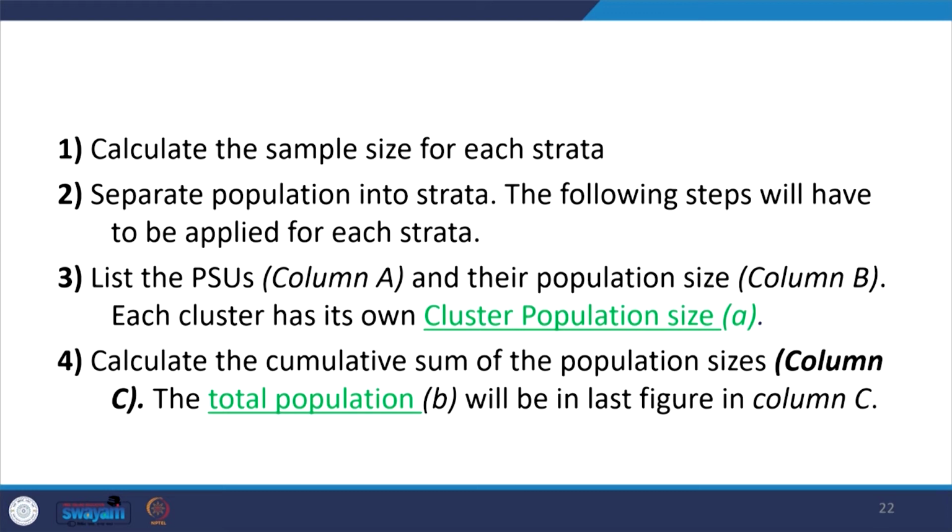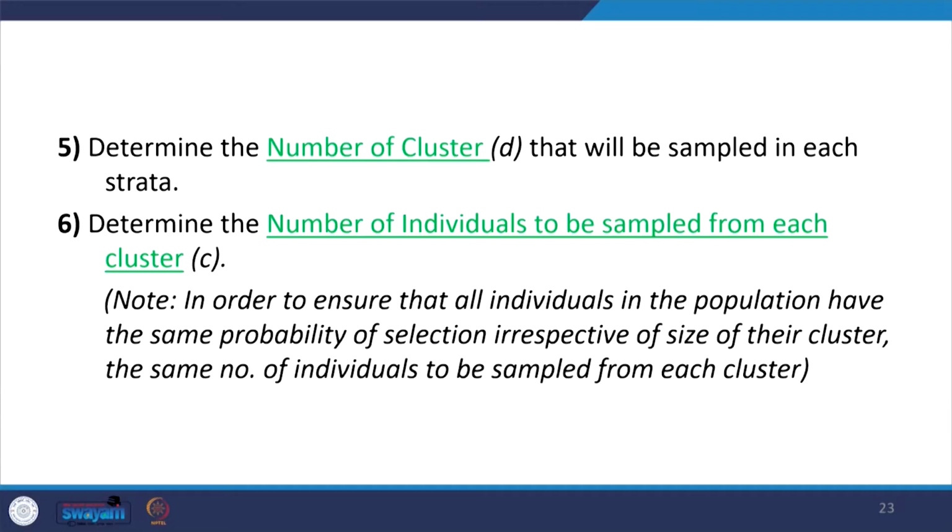The cumulative population could be listed in column C. We will determine the number of clusters that will be sampled in each stratum. Then determine the number of individuals to be sampled from each cluster. When you define the cluster, then an individual sample could be taken from each cluster.